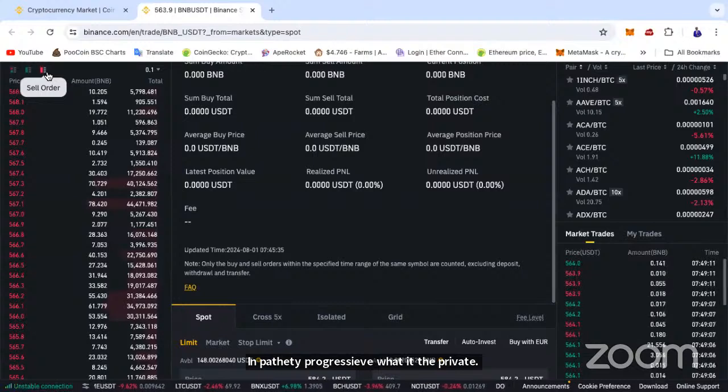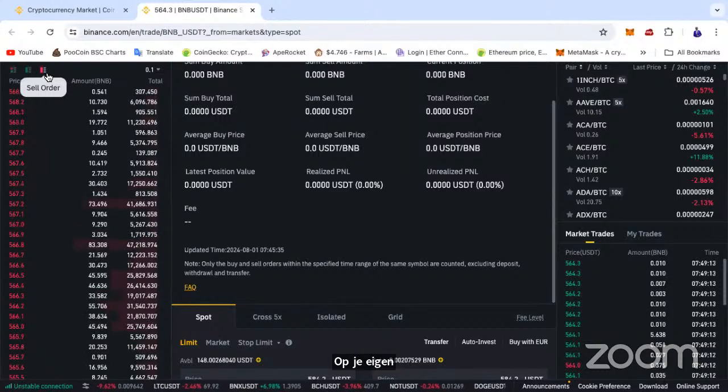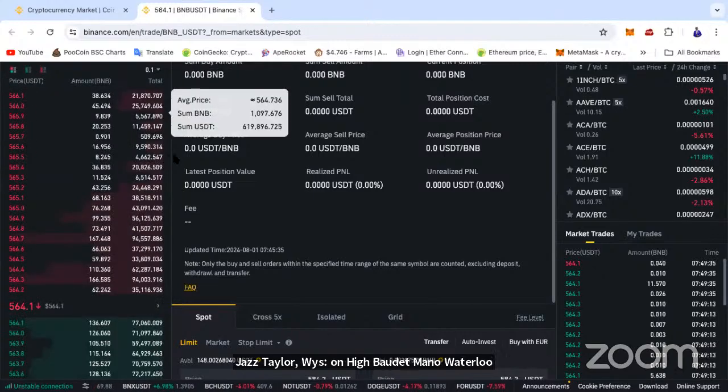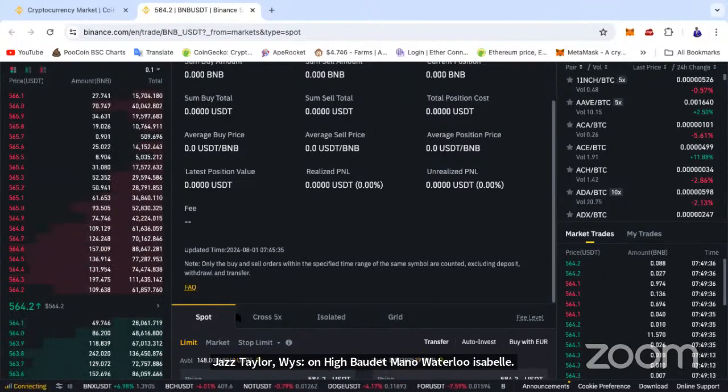I'm trying to see if I could find a better way to teach you this, but the display of the exchange here is not giving me a comfortable move. So I'm just trying to look at ways on how I could maneuver through. But okay, these are the order blocks.